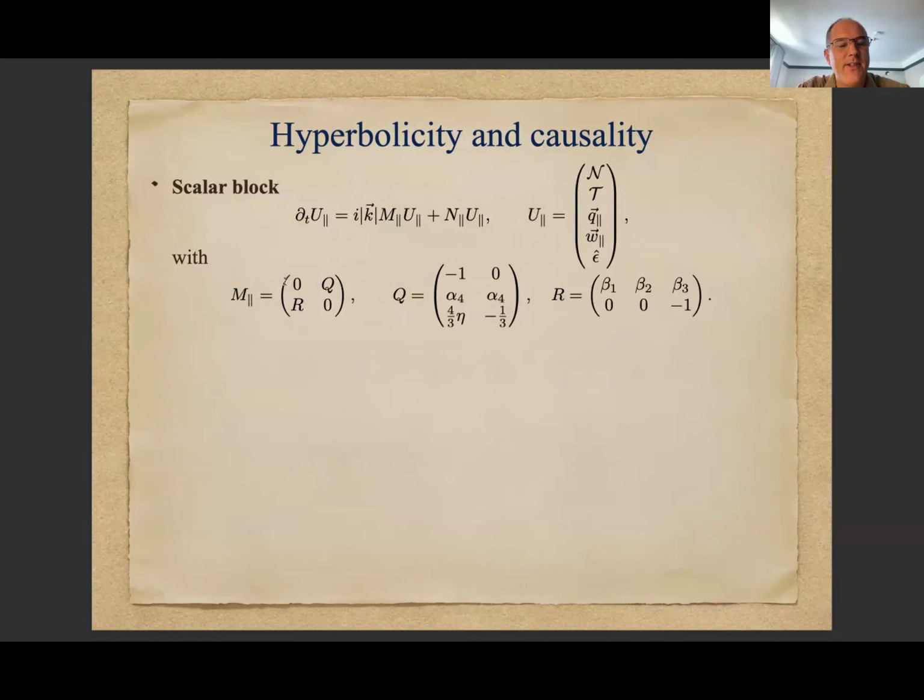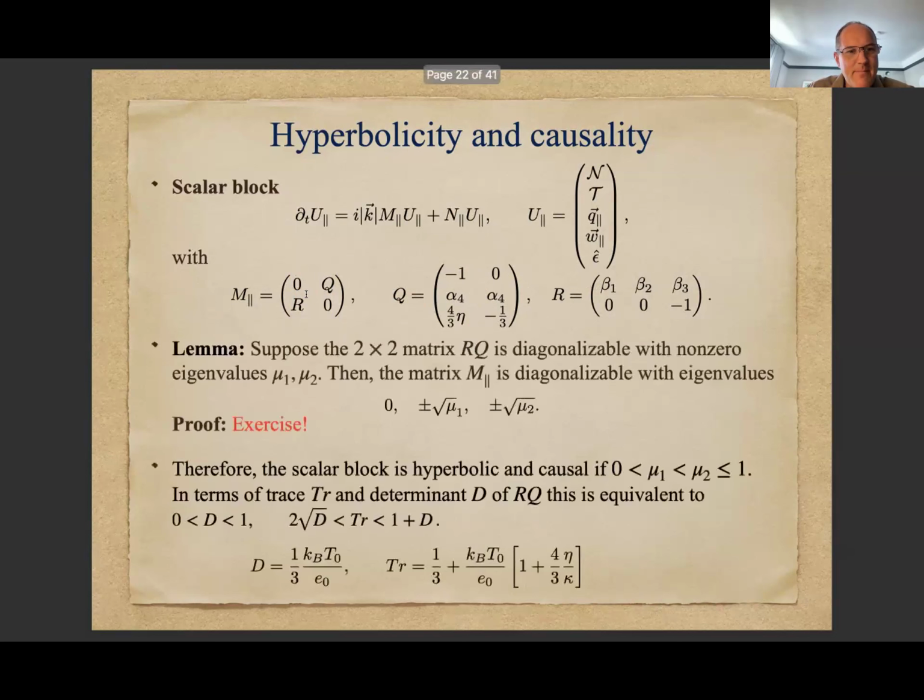This matrix M has a block off-diagonal structure, where Q is given by this 3 times 2 matrix and R by this 2 times 3 matrix. Now there's a little lemma which is useful, which you can check as an exercise. Form the 2 by 2 matrix RQ, and suppose it is diagonalizable and has only non-zero eigenvalues, which we call mu1 and mu2.